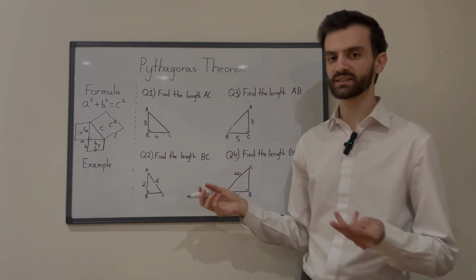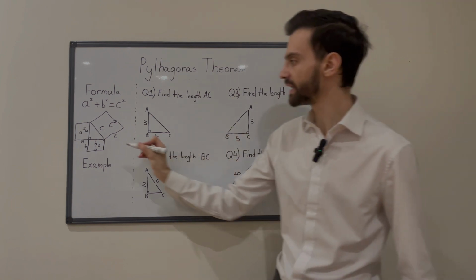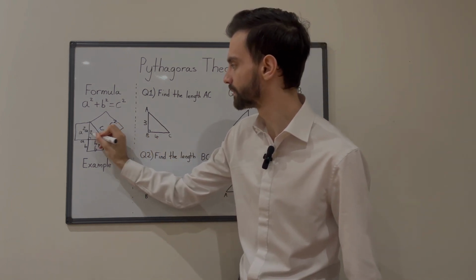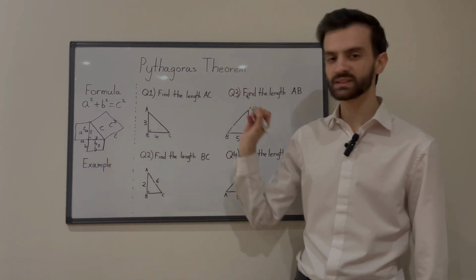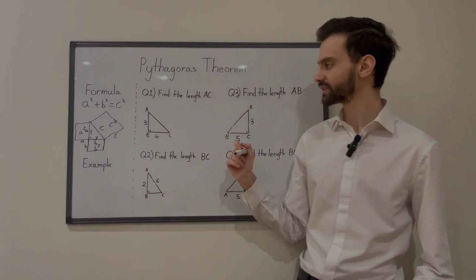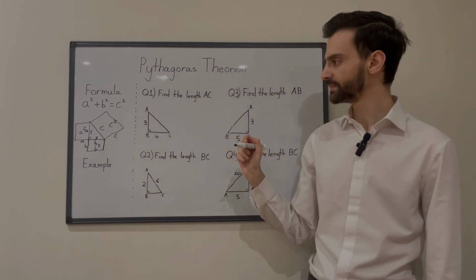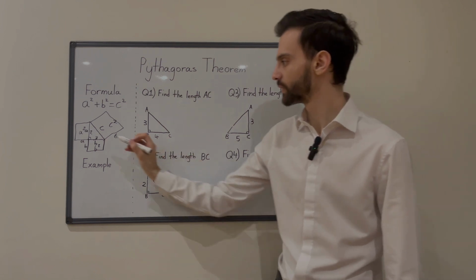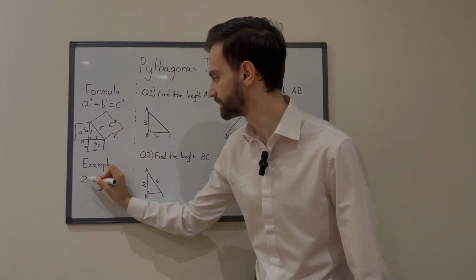Now, we're going to see what that's going to look like with some numbers. Let's suppose that I choose A to be 2, I choose B to be 3, and I choose C to try and find out. All I need to do is put that into the formula and see what that looks like. We're going to have 2 as our A, so 2 squared.